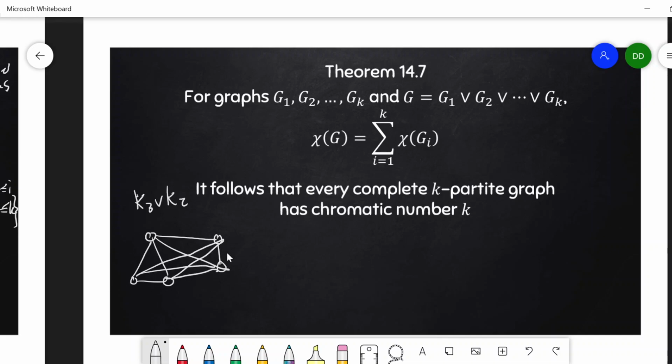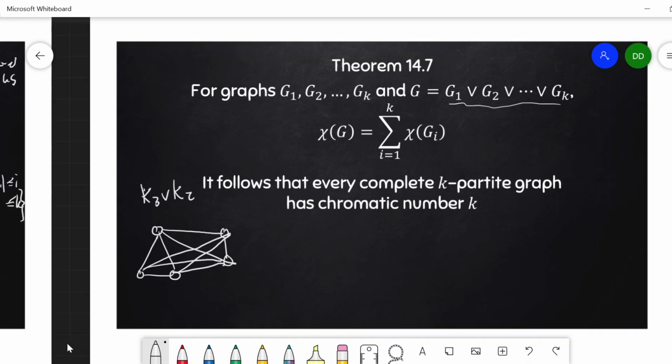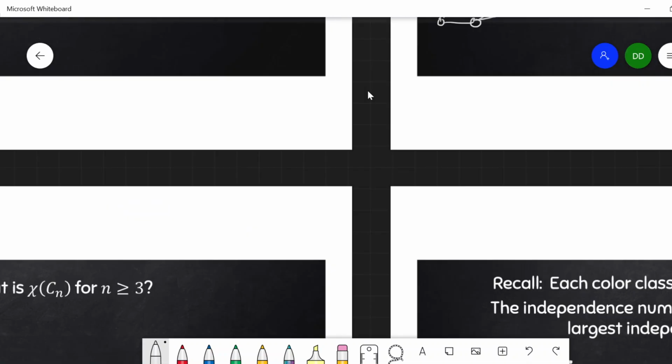Every vertex here is adjacent to every vertex here. And so one can prove that this is the sum of the chromatic numbers of each part of the join. I'm not going to prove that one. I'm going to leave that as an exercise to the listener.